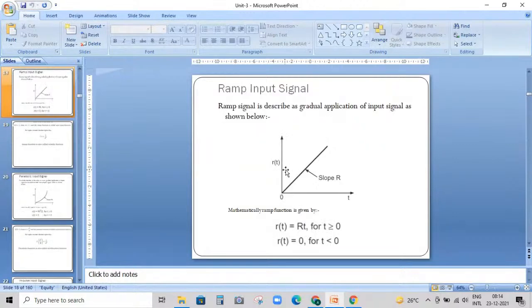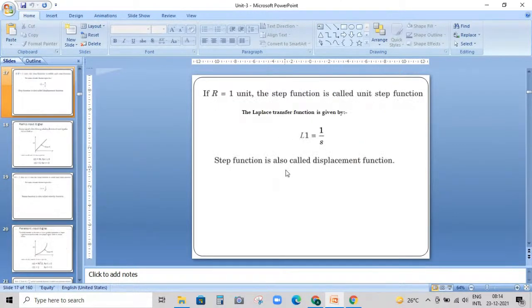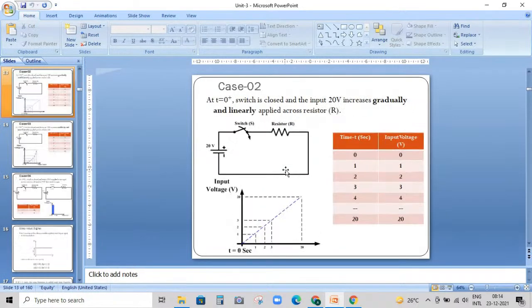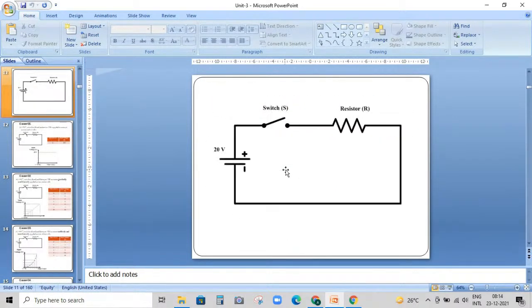What is the physical significance of them and what is a practical example? Suppose you have a switch. The moment you close the switch and it remains closed, that type of excitation is called step. Suppose you close the switch and increase the input voltage linearly and gradually, that way of providing input is called ramp.